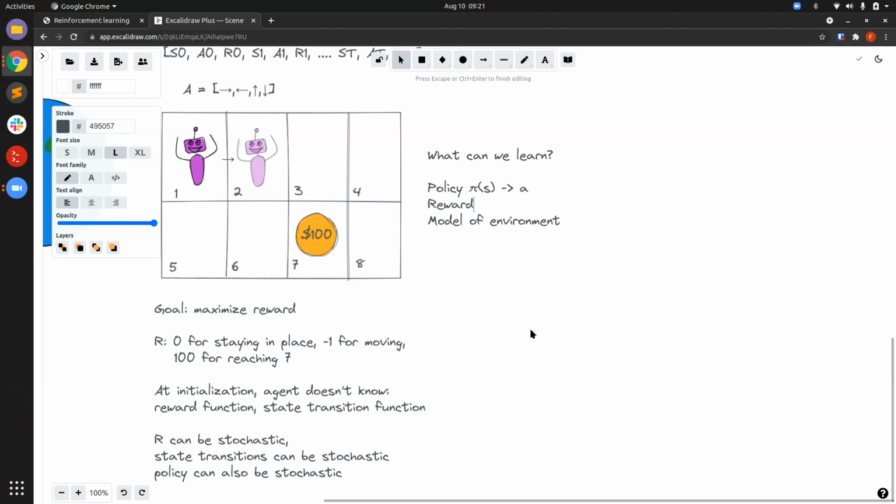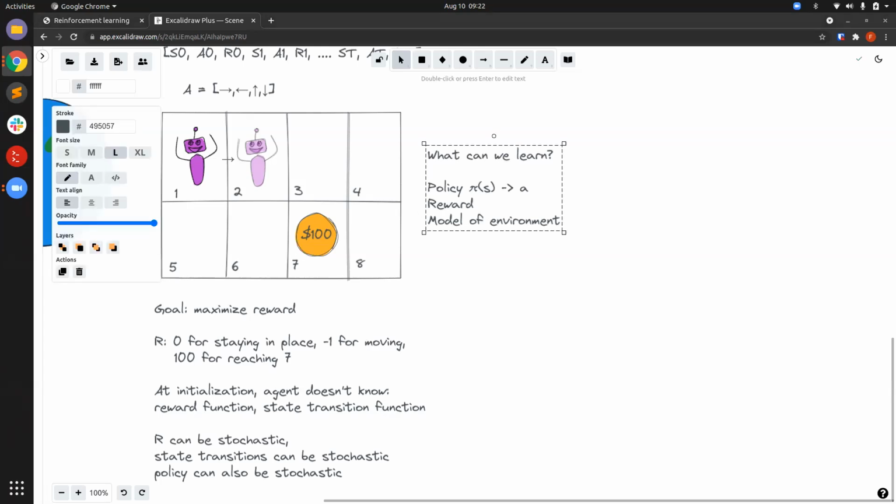We might try to learn something about the reward function, or what we might call the value function. So what kind of reward can we expect for ending up in a particular state or taking a particular action in a state? If we know all about the reward, then we automatically know the policy, right? Because if we know exactly what the expected reward is for every action or every state, then we can just pick the policy to maximize that. Or we might try to learn a model of the environment.